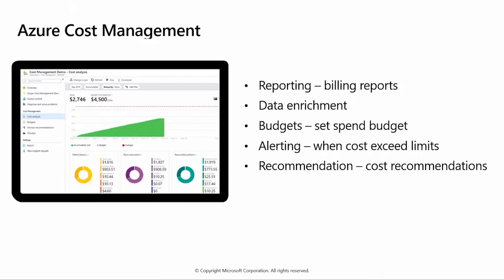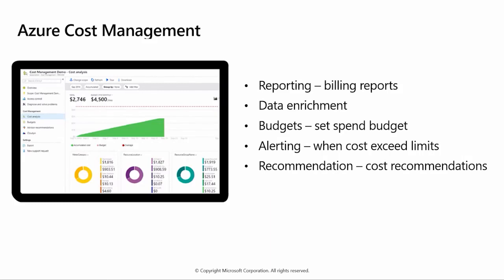The Azure Cost Management tool will allow you to look at all your different billing reports. And if you've taken advantage of tags, you can drill down even deeper. You can set budgets to not let certain users or certain subscriptions go over a certain spend.